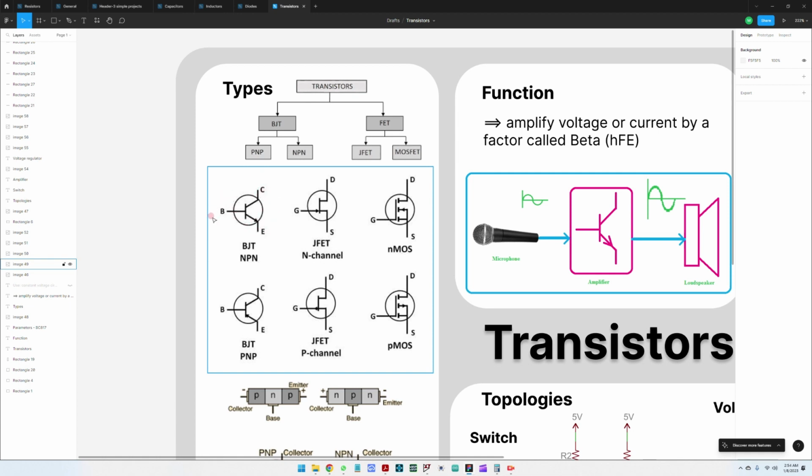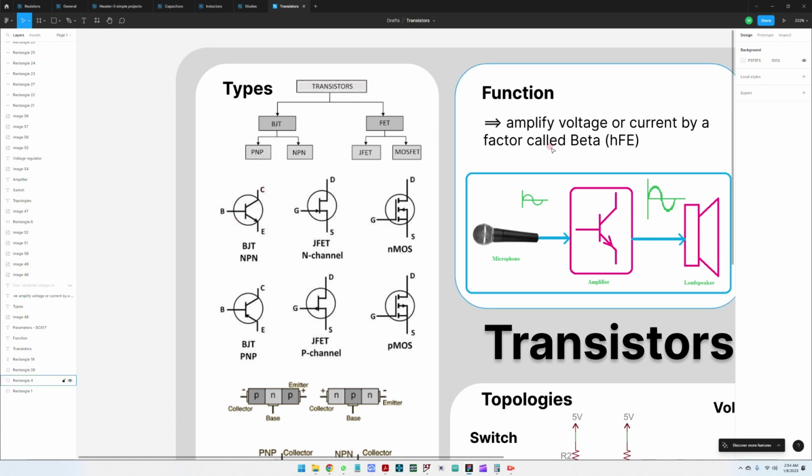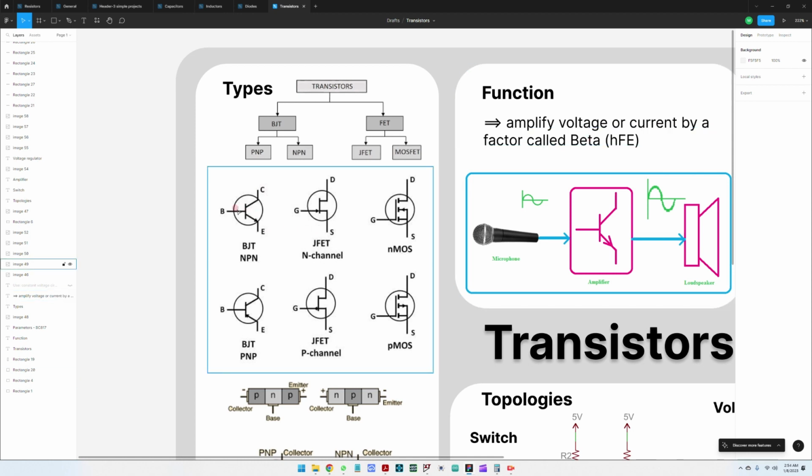So we insert a very small base current, and the collector to emitter current will be amplified by this factor. So for example, we insert here 10 microamps. We amplify this by 300, and then you will have here 30 milliamps going from the collector to the emitter here.